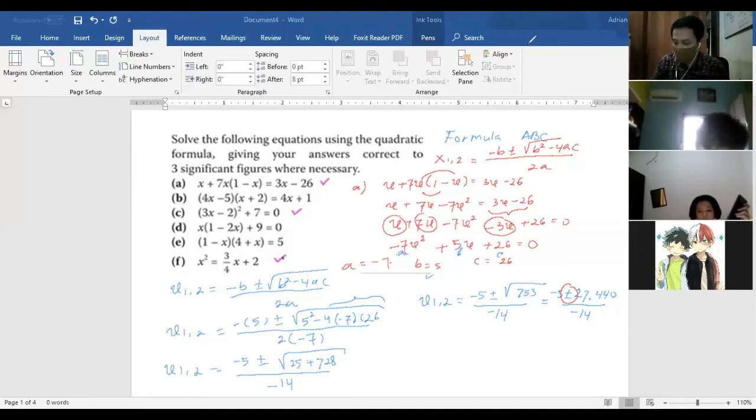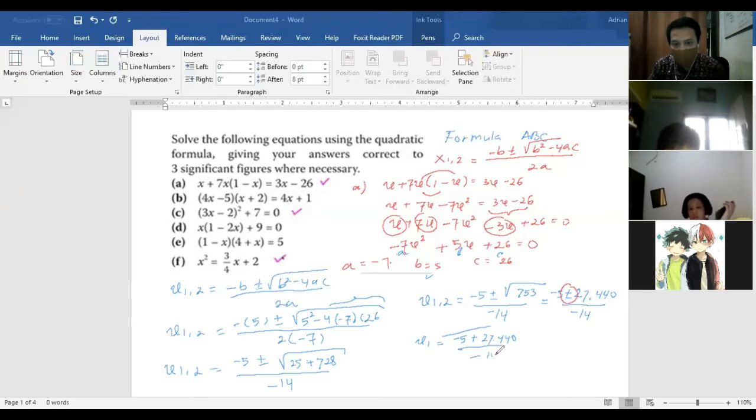The first is x1: take the positive one, minus 5 plus 27.440 over minus 14.